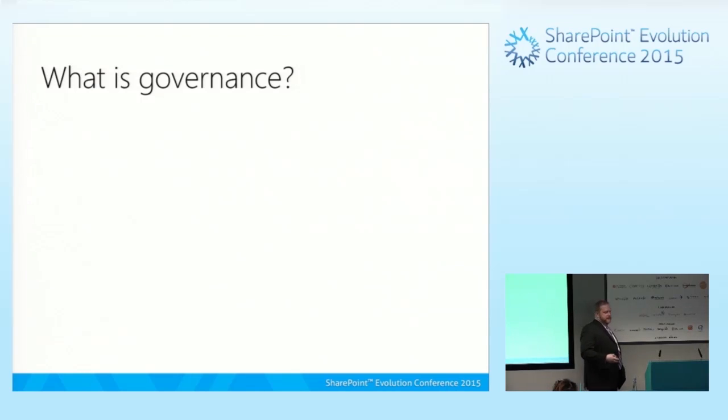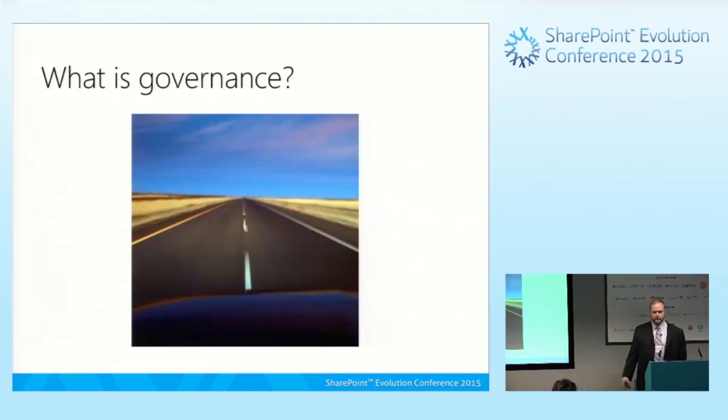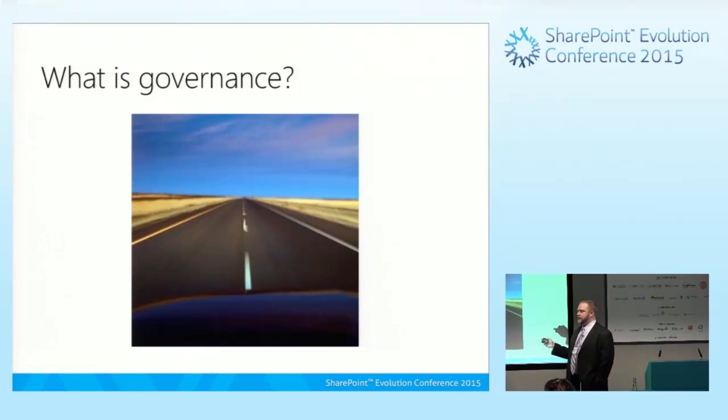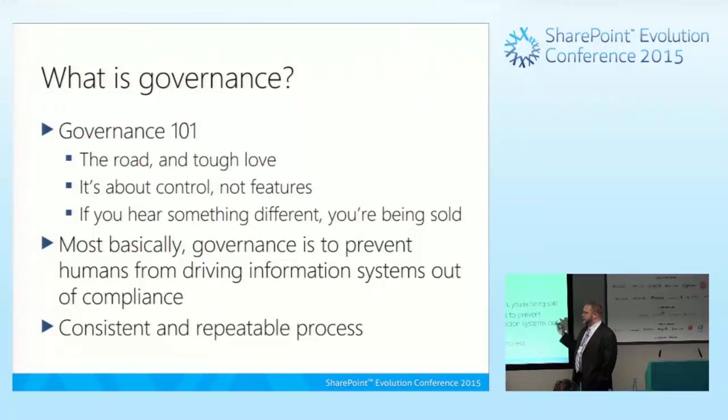What is governance? It's a road. That's an analogy that I use because in this road anyway, it doesn't ever stop. More specifically, it's about control, not features, not technology. Governance is about control. There's a number of different entities involved in an information technology system, right?